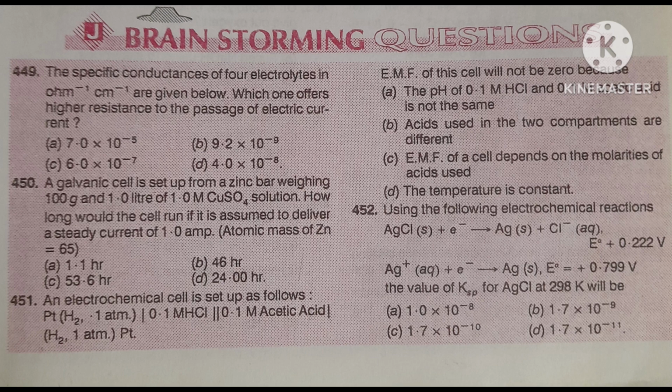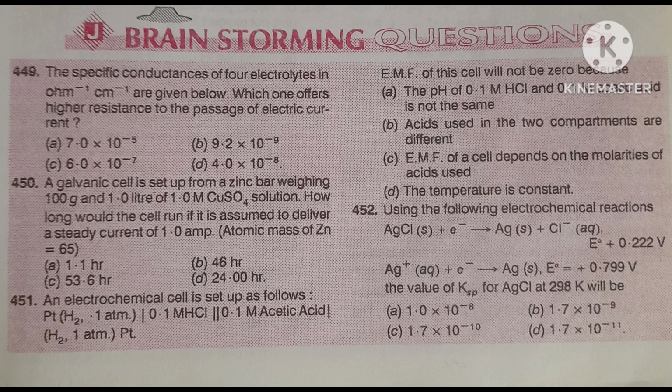Question number 450. A galvanic cell is set up from a zinc wire weighing 100 gram and 1.0 liter of 1.0 m copper sulfate solution. How long would the cell run if it is assumed to deliver a steady current of 1.0 ampere?